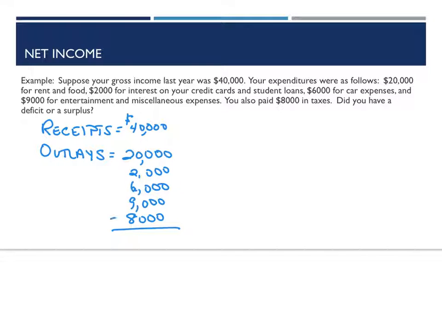That means our total outlays were $45,000. So you have to have those two numbers before you can actually figure up your net income.